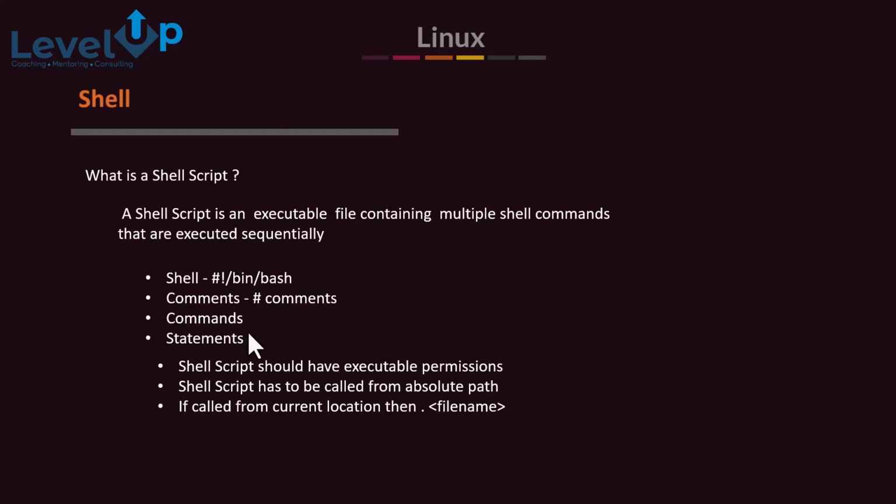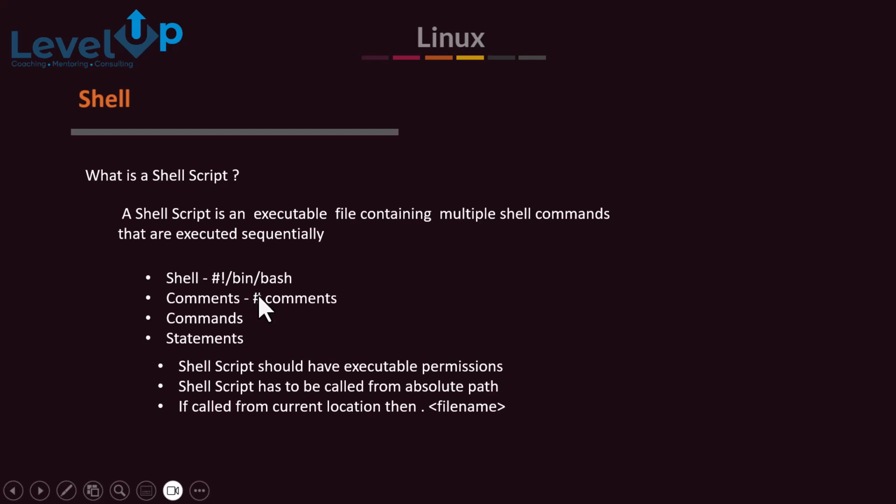Now, when you're creating a shell script, what are the things that should be there? These are the four things. First of all, you have to define what shell it is, by using hash, bang, slash bin, slash bash. That should be your first line. And you can comment your code by using hash.